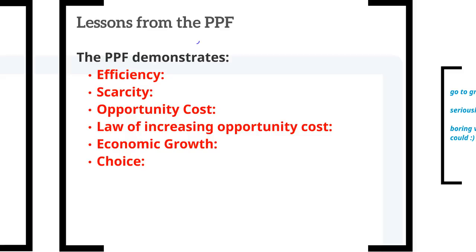The bowed-out shape of the PPF reflects the law of increasing opportunity cost. Not all resources are perfectly adaptable to the production of each type of good. A shift outward of the PPF reflects economic growth. Finally, because society must somehow choose a specific combination of output along the PPF, it also emphasizes the need for choice.